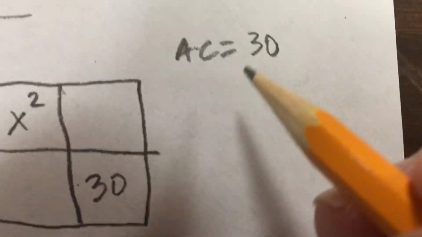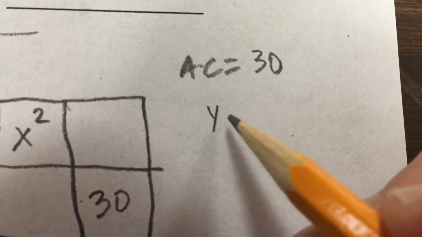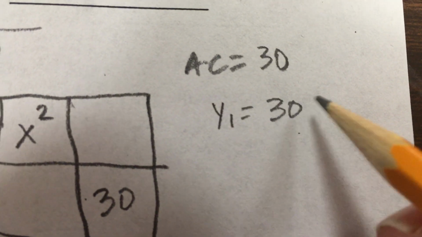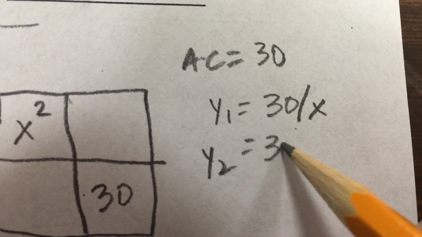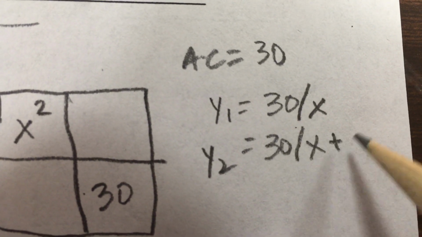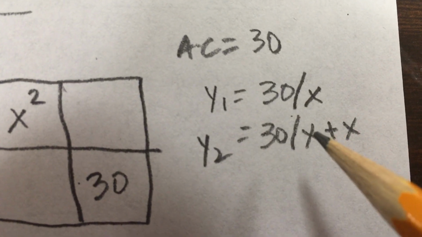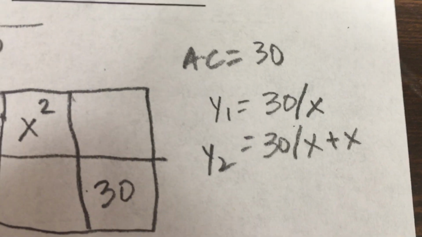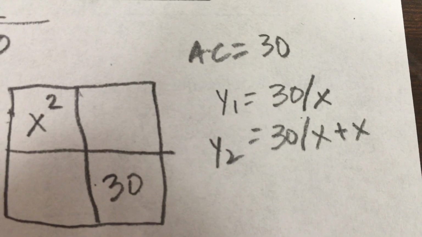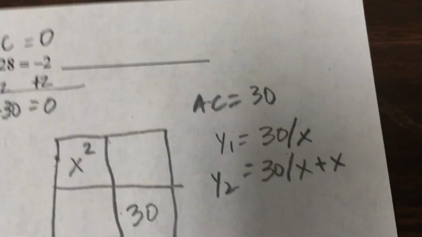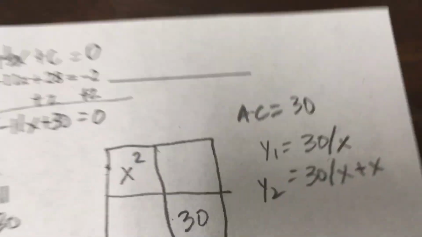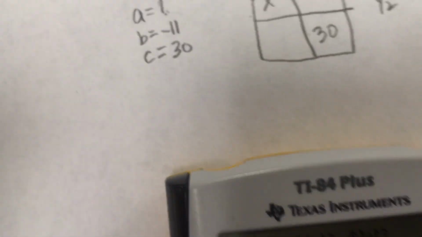So in the calculator, we are going to put 30 divided by x in y1, and 30 divided by x plus x in y2. And then we are going to solve and figure out what our answer is going to be. Pull out a calculator that has a clear screen.